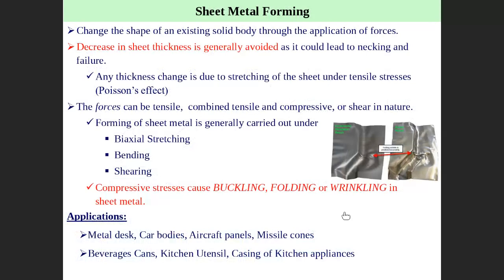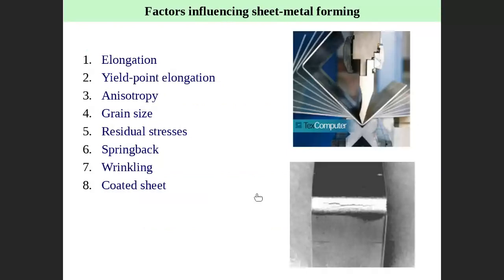In sheet metal deformation, we avoid doing any other processes on the sheet. We bring the sheet and directly do deformation on it. We don't make it tensile, we don't make it compressive, but simply do deformation like bending, drawing, or cutting. So this is usually done on the sheet.